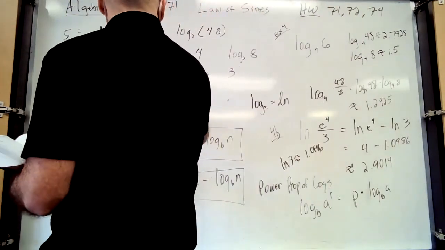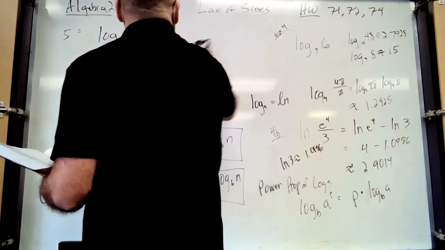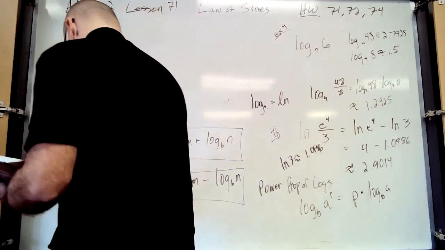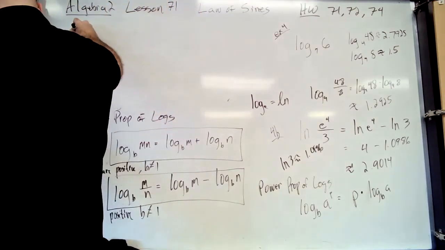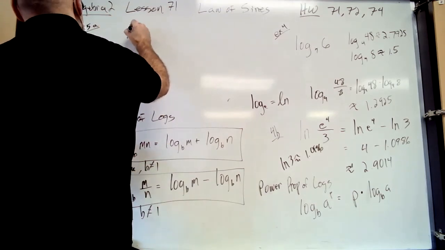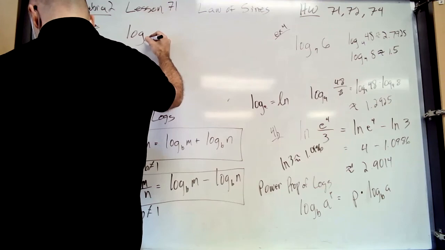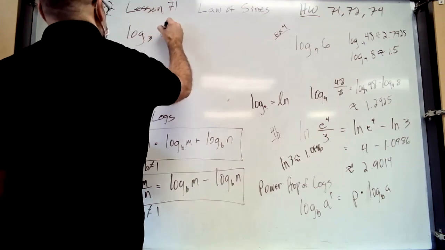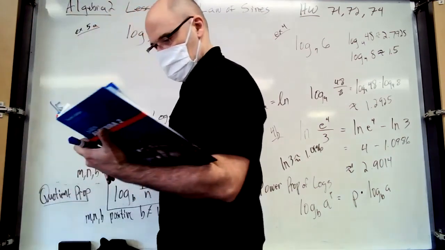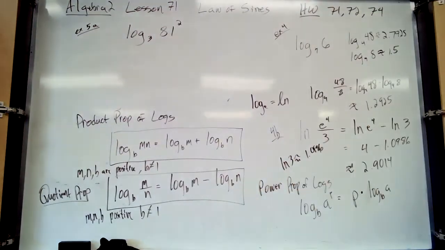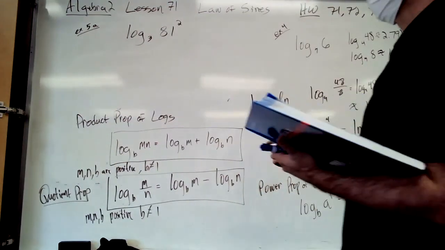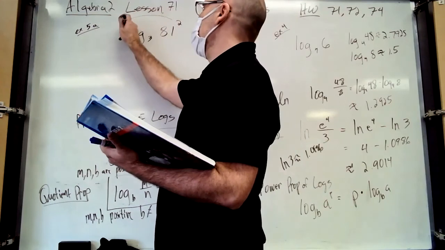Two more examples, then we're done. So simplify log base 3 of 81 squared. Okay, what do you do with that exponent? Multiply. Yeah, you just put it over there.